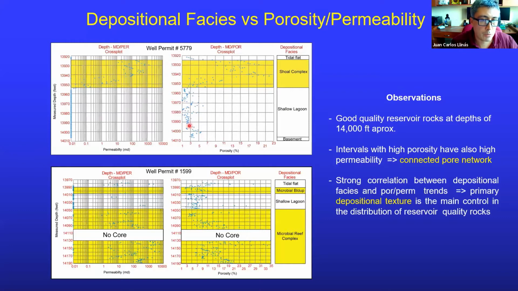And in the shallow lagoons, the porosities and the permeabilities are very, very low. Same in another example where we cored a big section of the microbial reefs. Even though it's kind of heterogeneous, the high porosity and permeability numbers coming from the core are in the microbial buildup, and you see the lowering as you get into the tidal flat or the shallow lagoon.